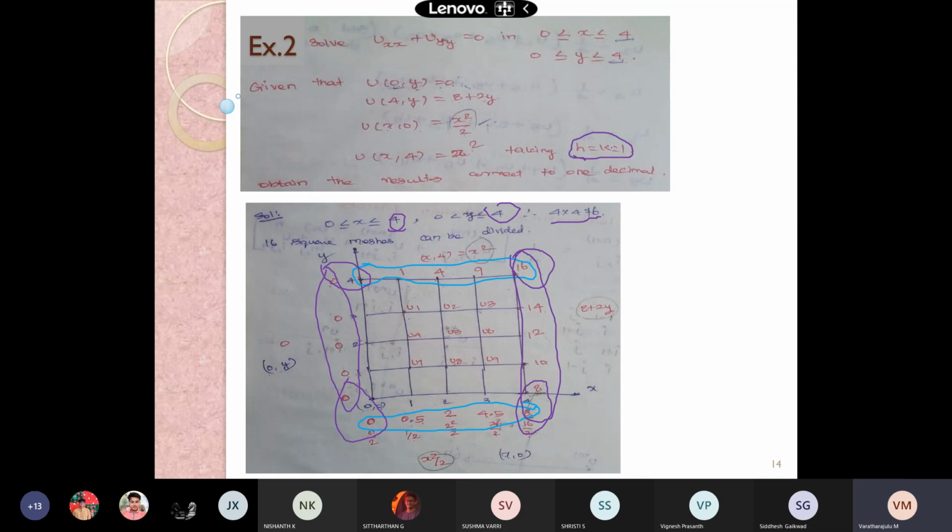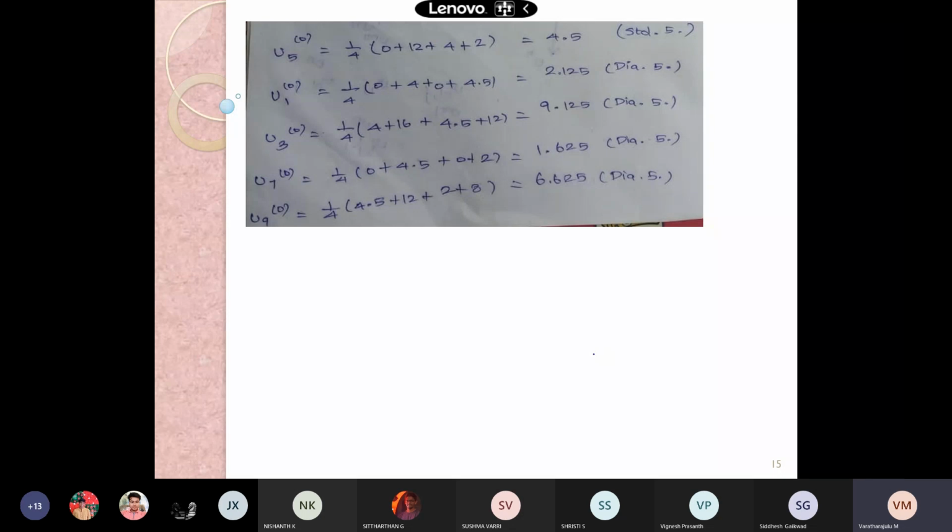Similarly, the y boundaries also vary with the difference of k. So the mesh has to be taken as 1. So 16 square meshes can be divided. This is the application of various boundary conditions to build the square meshes. And now we will start calculating these things.